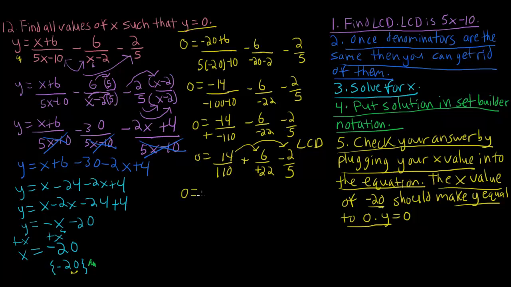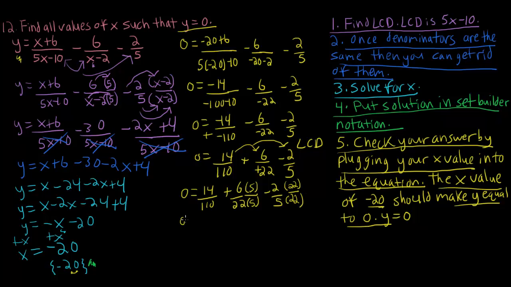So 0 equals 14 over 110 plus 6 over 22 minus 2 over 5. And 22 goes into 110 5 times. So multiply both numerator and denominator by 5. And then 5 times 22 is 110. So to get 110 as our LCD, just multiply the denominator and numerator by 22.